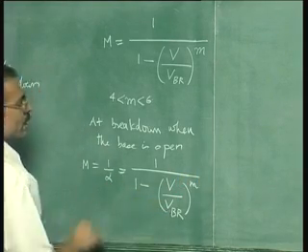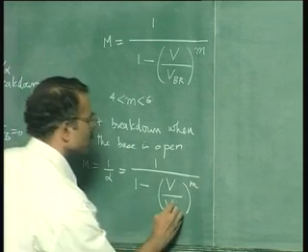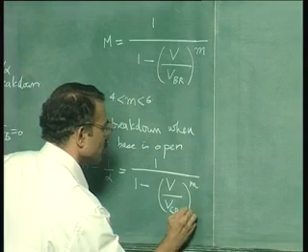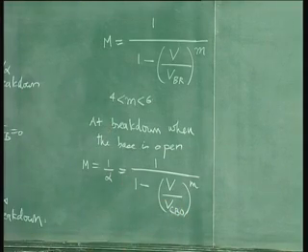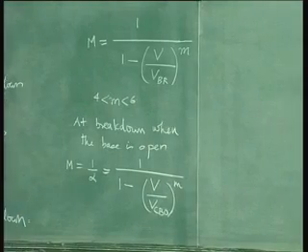Now breakdown voltage of the collector base junction we can write as VCBO.